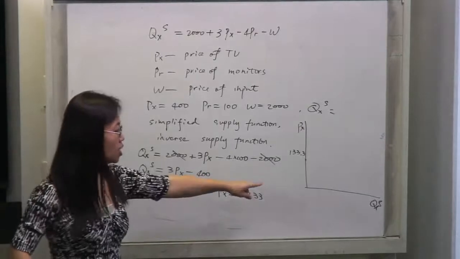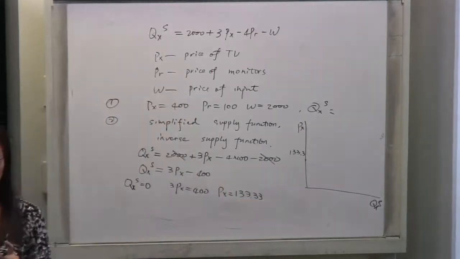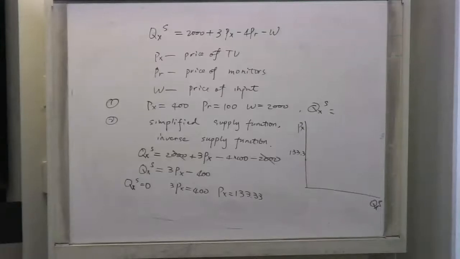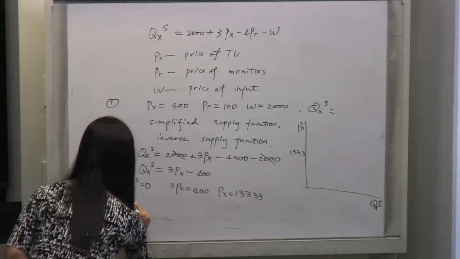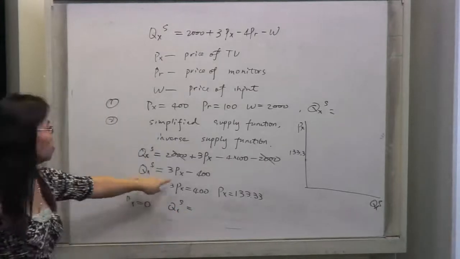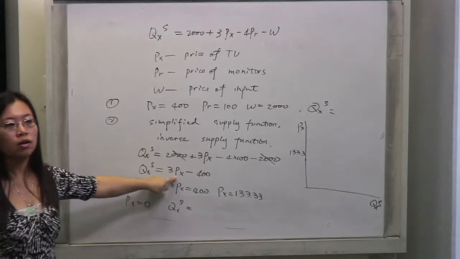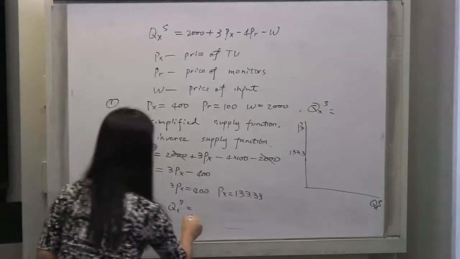Now we need to find the number along the horizontal axis. So we need to plug 0 into where? PX. Okay. Now PX equal to 0. What is QX equal to when PX equal to 0? Negative 400.